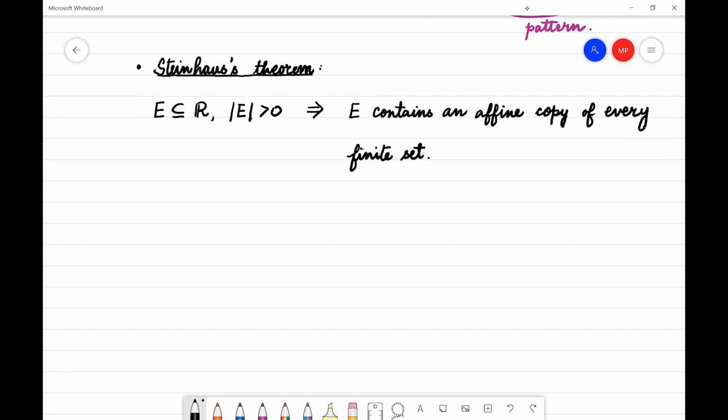Once again, this is a size implies pattern type result. Having positive Lebesgue measure is a size condition and a copy of every finite set, this is the pattern P.